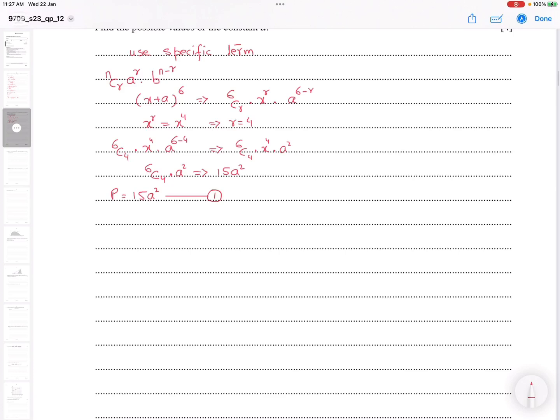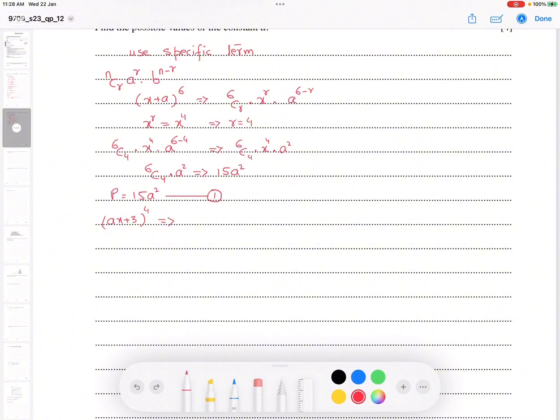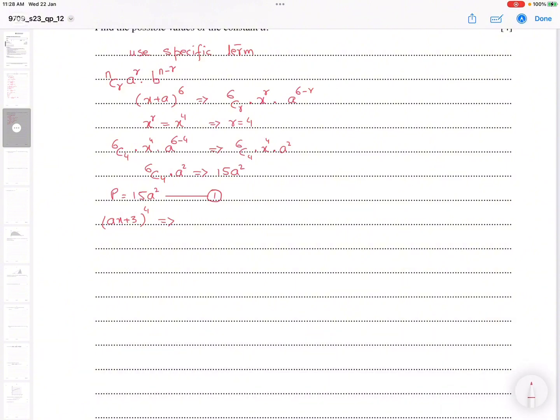Now work with (ax plus 3) whole power 4. Again we are going to use the specific term, which is nCr, a power r, b power n minus r. So here n is 4, 4Cr (ax) power r, and b is 3, so 3 power r.